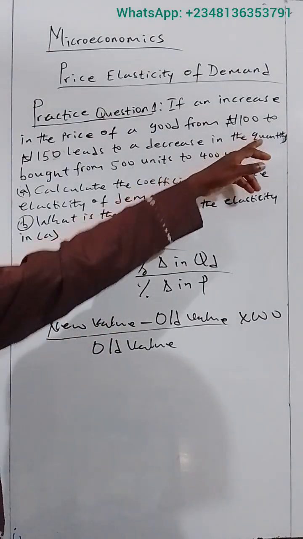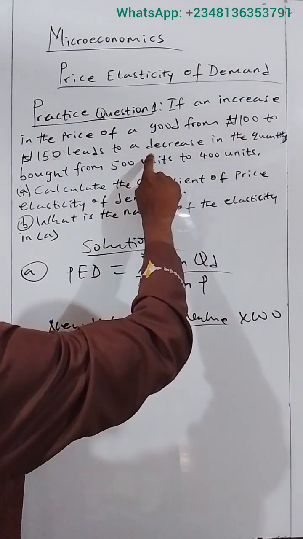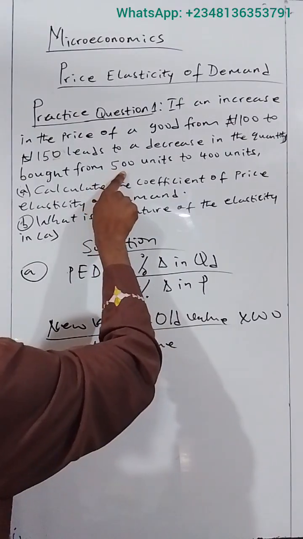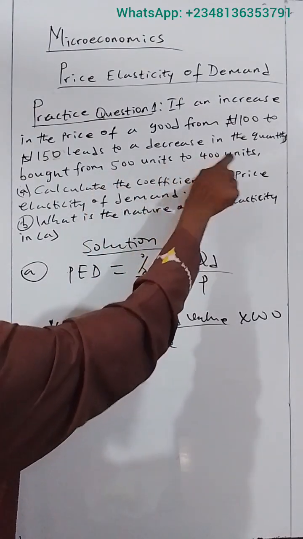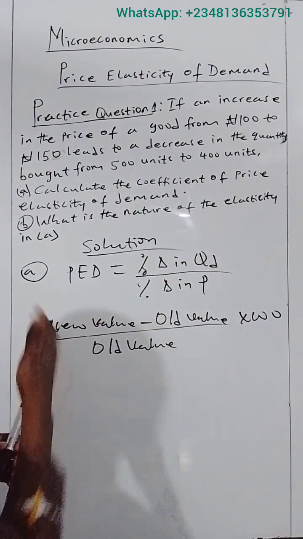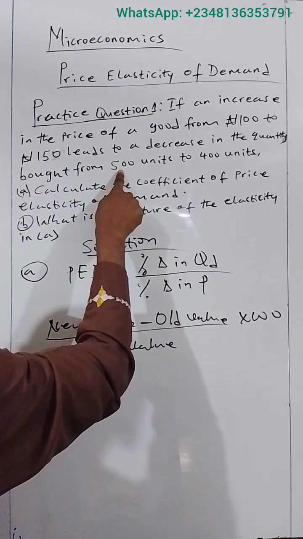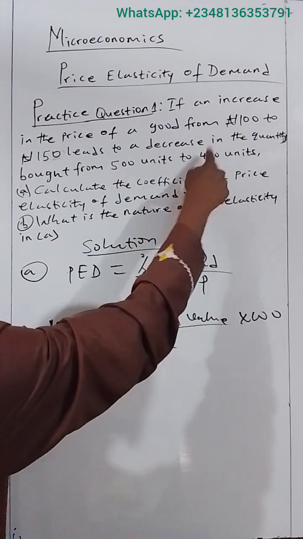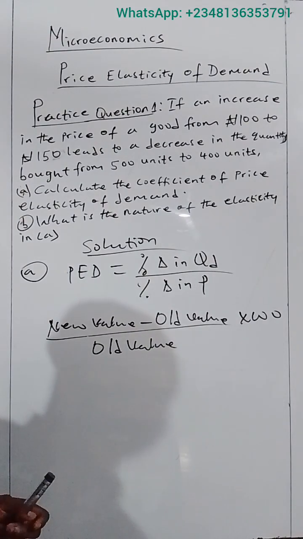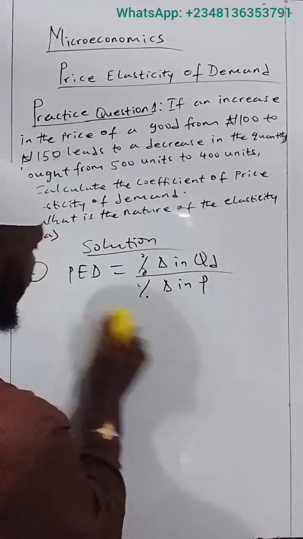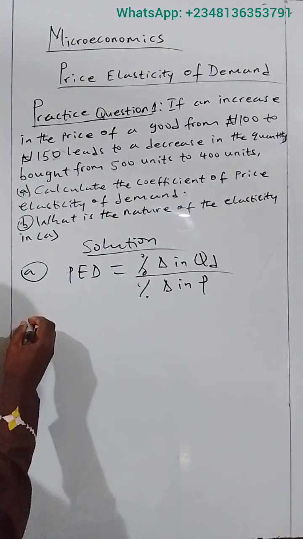Likewise, the quantity bought decreases from 500 units to 400 units. So the initial quantity is 500, while the new quantity is 400. That is what we are going to apply. Now, let's find the percentage change in quantity demanded.